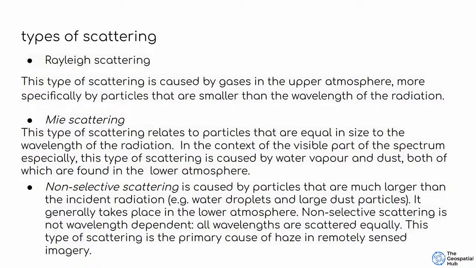Now if you combine blue, green, and red, the resultant effect will be white. So that is why we have clouds appearing as white, and we have fog and haze giving us that milkish white color. So that is that about scattering.